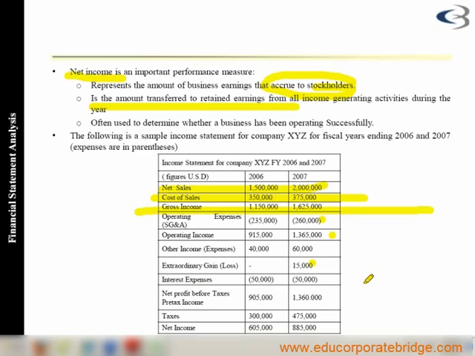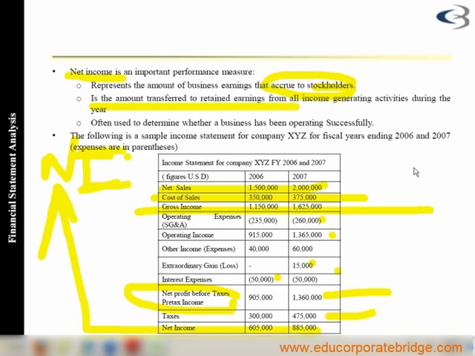This is my interest expense. So 50,000 is the fixed interest which I'm paying. Net profit before taxes would be my gross income minus operating expenses minus other expenses or plus other income. Minus taxes, the figure which I'll get would be my net income.